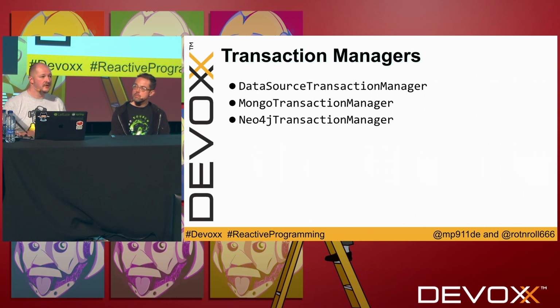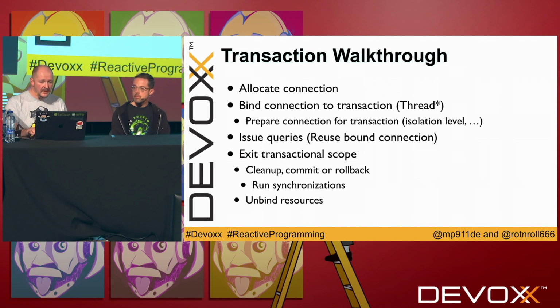If you want to use MongoDB transactions, then you take the MongoDB transaction manager, and if you want to use Neo4j transactions, you use the Neo4j transaction manager. What they all do is actually a bunch of things. The way it basically goes is that you enter some scope of a transactional unit of work.